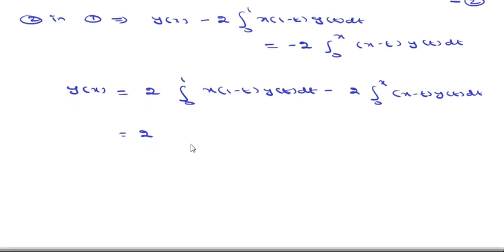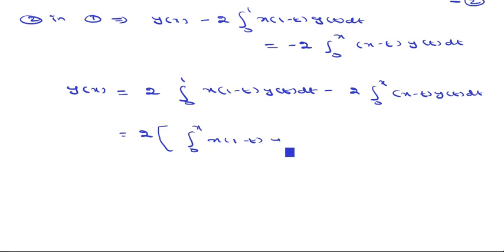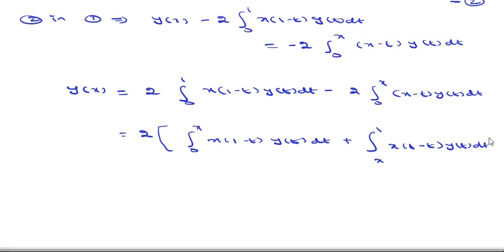The first term can be written, with 2 common, as integral 0 to x of x times 1 minus t, y of t dt plus integral x to 1 of x times 1 minus t, y of t dt, and the second term we keep as it is, integral 0 to x of x minus t, y of t dt.